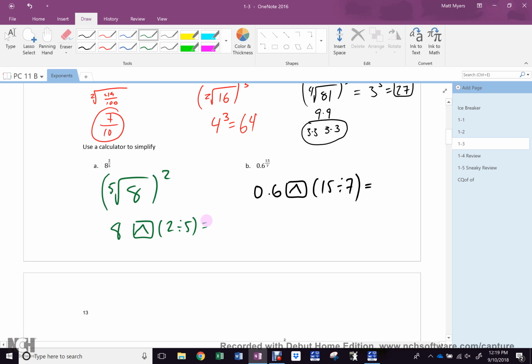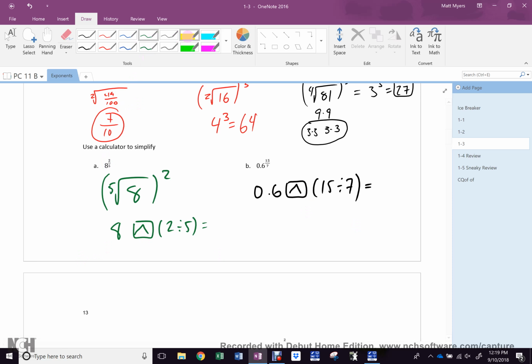Why would we do that? It depends on our final goal. If our goal is an answer, like we're doing an experiment in a physics class, then we actually do this. If we're in a math class, our goal is usually just to simplify, which is get it as pretty as possible without going to gigantic brackets or gigantic decimals.